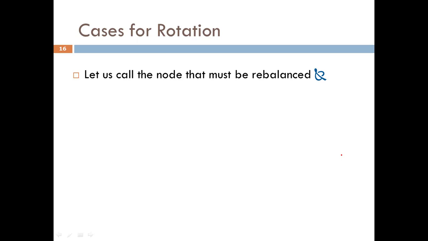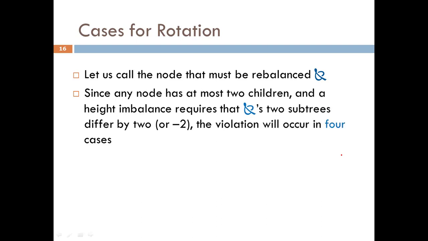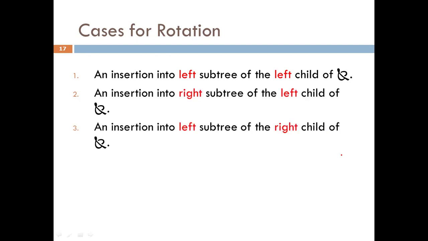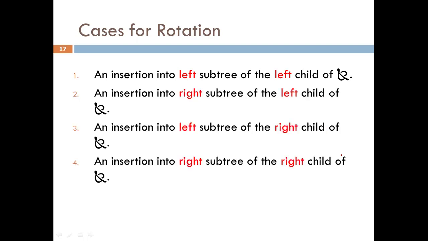So these are again the repetition of the cases for rotation, because now we are going to perform some double rotation. So you can go through this and keep in mind, because we have discussed these cases several times. It is just here for your recall. So an insertion to the left subtree of right child of alpha.